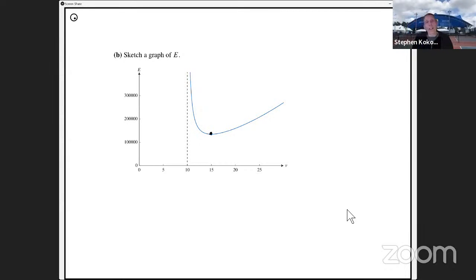Here's a nice question in the context of the problem. It surely looks like at V equal to 10 there is a vertical asymptote. And in the context of the problem, let's see if I can think about this a little bit. As the velocity of the fish gets closer and closer to the velocity of the stream, the expenditure of energy is greater.